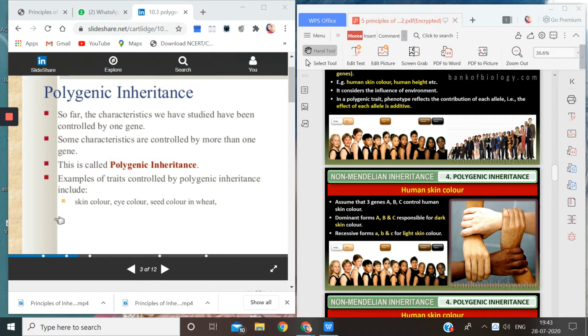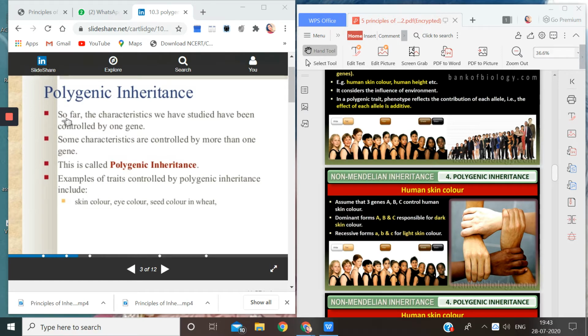As you see on my screen, there are two slides just to explain what polygenic inheritance actually is. Poly means many, genic means genes. Inheritance, you know, is when traits are passed on from one generation to the next.